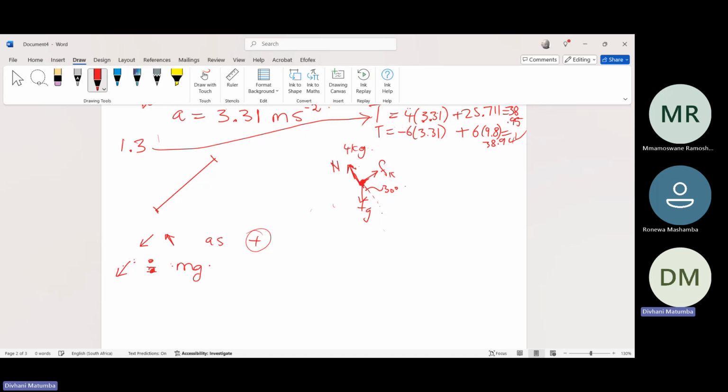I'm gonna have mg, which is force of gravity, sine of 30. Do you agree with that force? The component. Yes, sir. Okay. It's just that I didn't write Fg, but it's the same thing. And then I'm gonna have minus friction, which is going in the opposite direction.